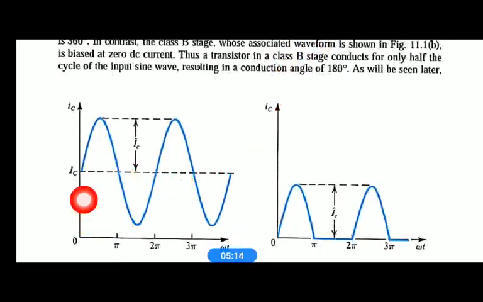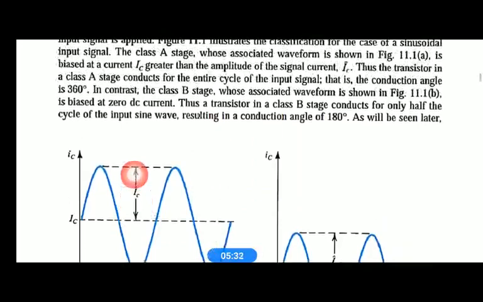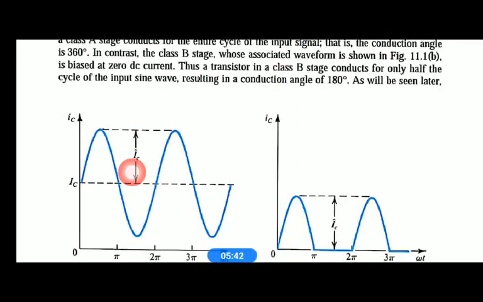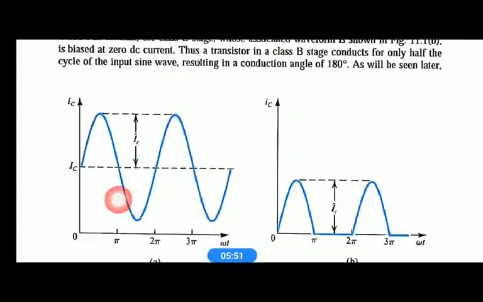The capital IC which we get from the biasing is more than the peak of the signal IC, the amplitude of the signal current.